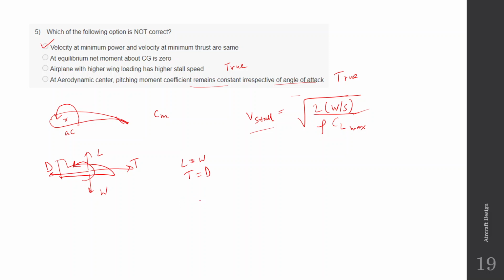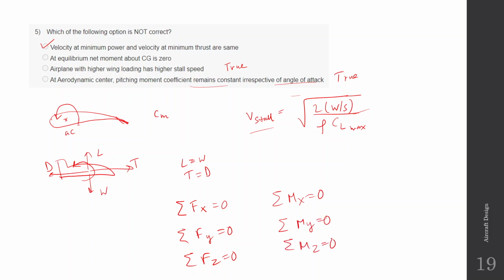Equilibrium condition is defined as the condition when the summation of all the forces is zero and the summation of all the moments is also zero. So this option is also correct.